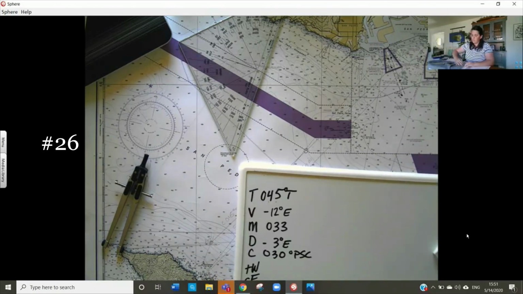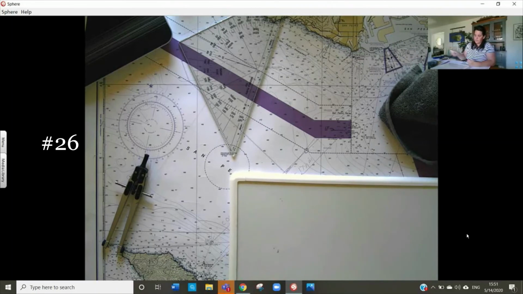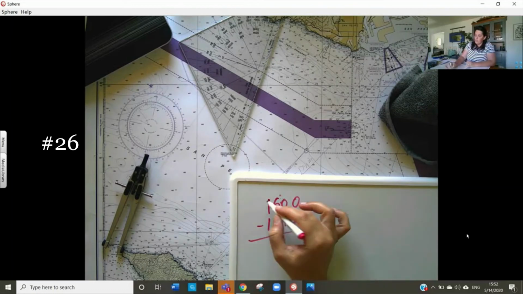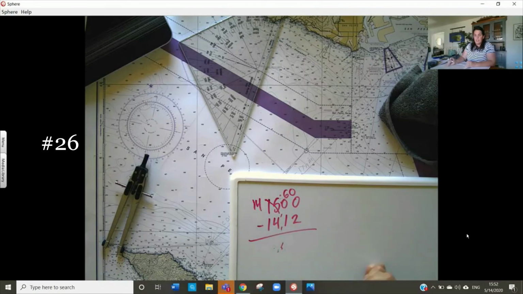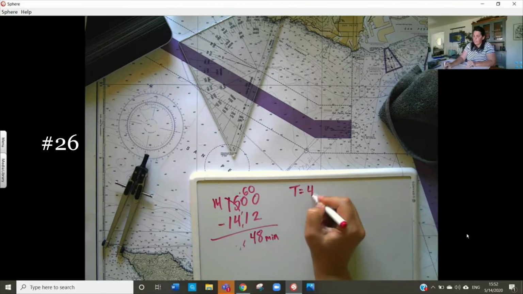So we need to do our 60 D Street so we can get a 1500 DR position. 1500 minus 1412 gives us 48 minutes. So we have a time of 48.